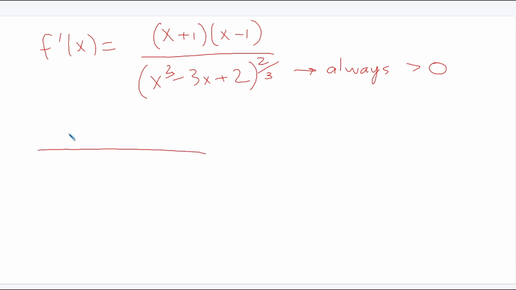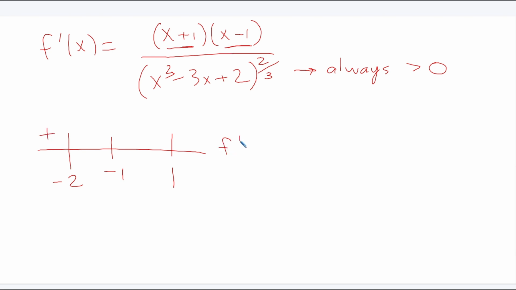And so on my sign chart, I'm going to put my 3 critical values of negative 2, negative 1, and 1. When I plug in something less than negative 2, like negative 1,000,000, I'm going to end up with a negative and a negative from this, and 2 negatives multiplied together makes a positive.